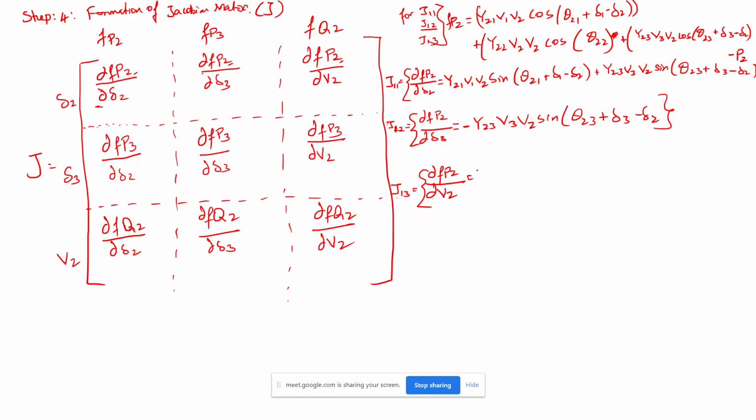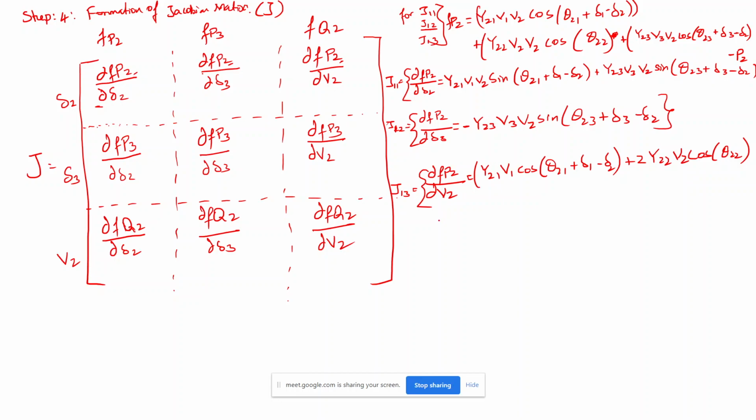So I will get Y21, V1, and V2 I will not get, cos theta 21 plus del 1 minus del 2. Here there are two V2, means V2 square. If you differentiate V2 square, you get 2 V2, so it will be 2 Y22 V2 cos theta 22, am I right?